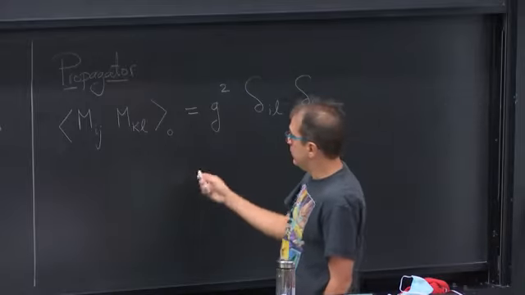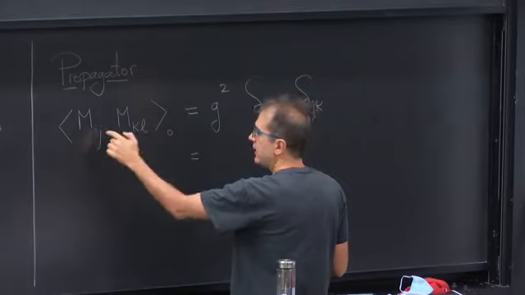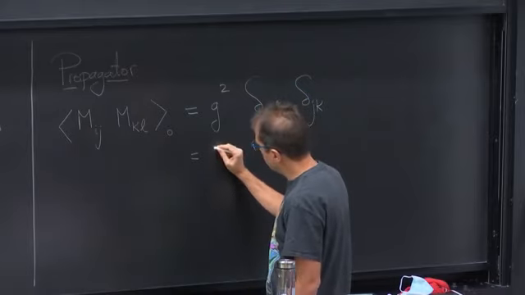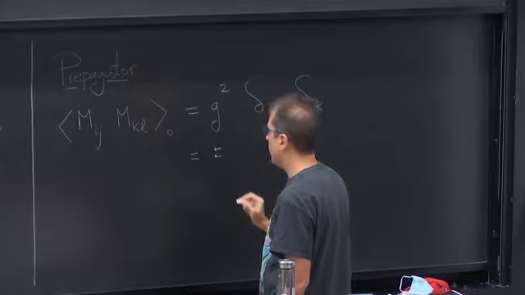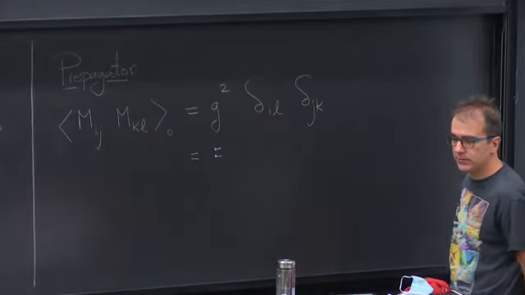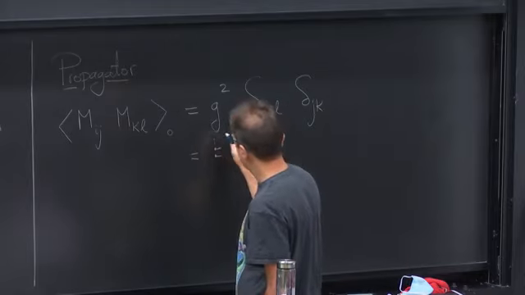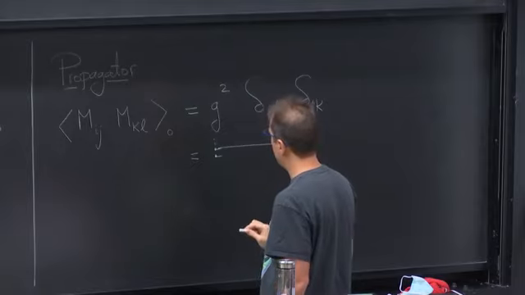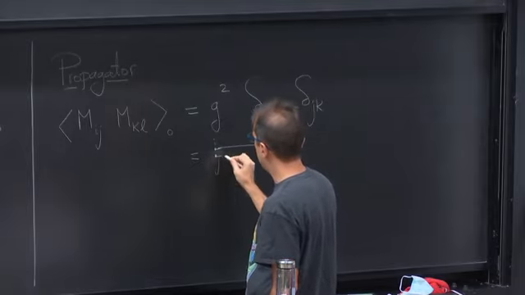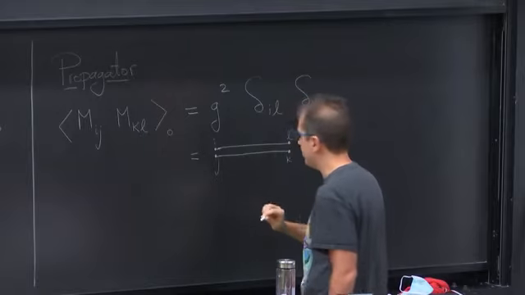And in pictures, you draw it like this. You say that you have a matrix with index i and j, and because the matrix has 2 indices, you write the field as having, you open up the 2 indices, and the index i propagates and needs to be identified with index l of the other matrix, an index j of this matrix propagates and needs to be identified with k of this other matrix.